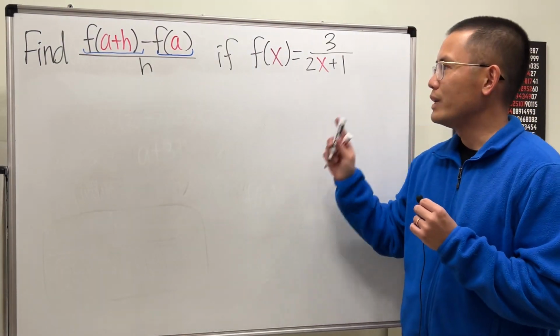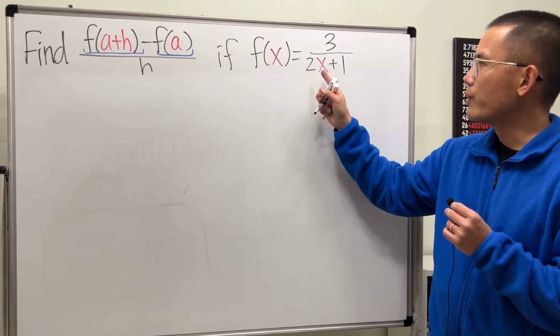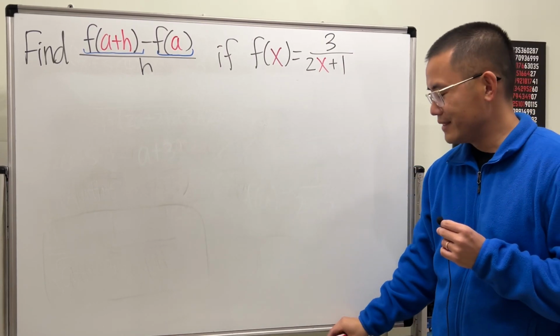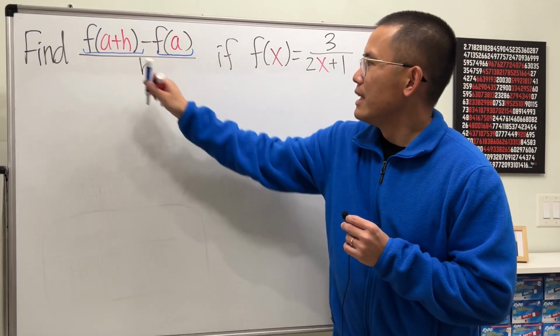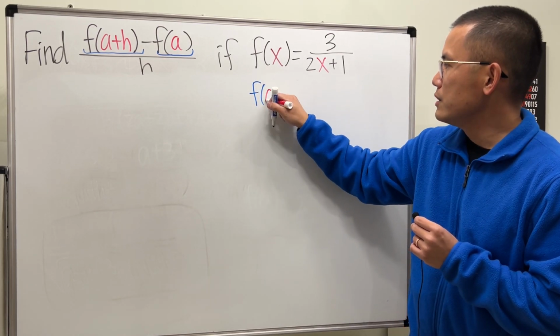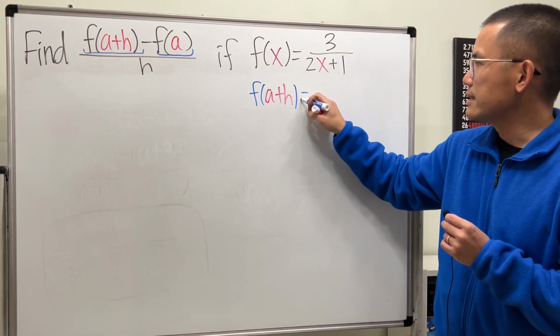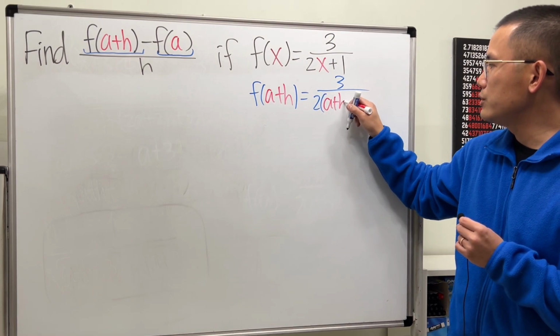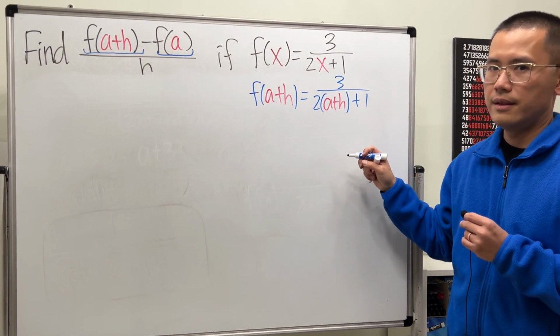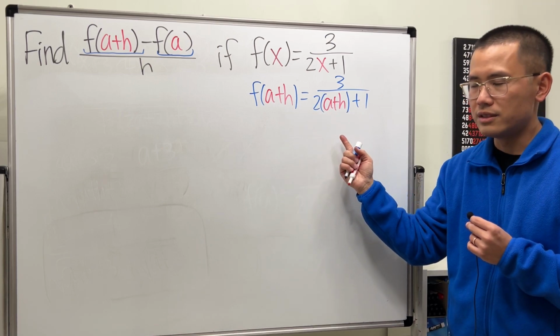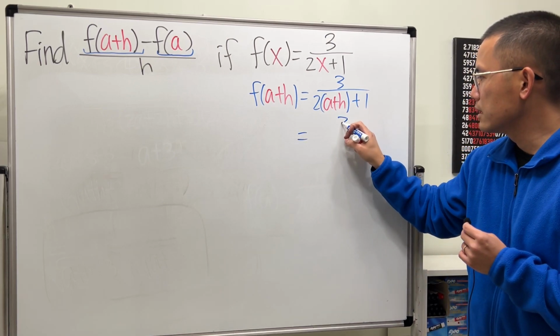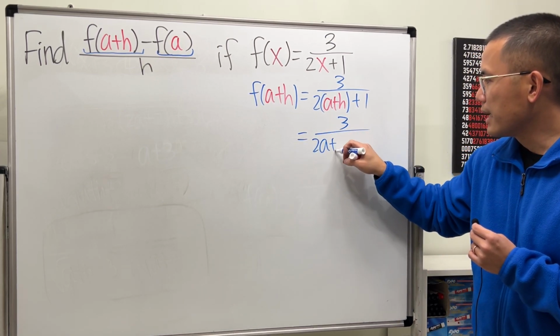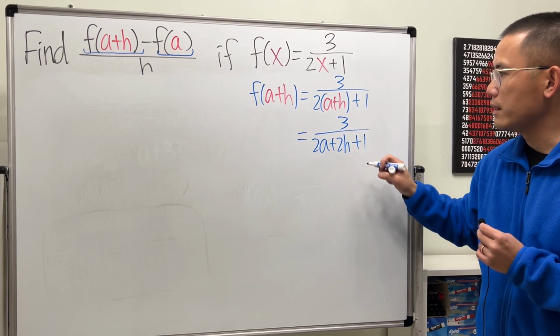Now for the last one, we have a rational function, 3 over 2x plus 1. So let's work out f of a plus h. That's just 3 over 2 times a plus h, and then plus 1. Now notice we have a 2 in front of the parentheses, so let's distribute that. 2a plus 2h, and then plus 1.